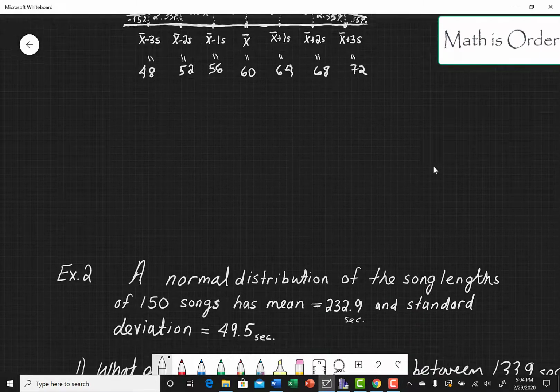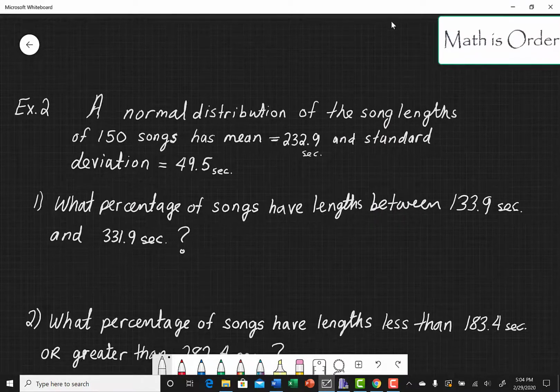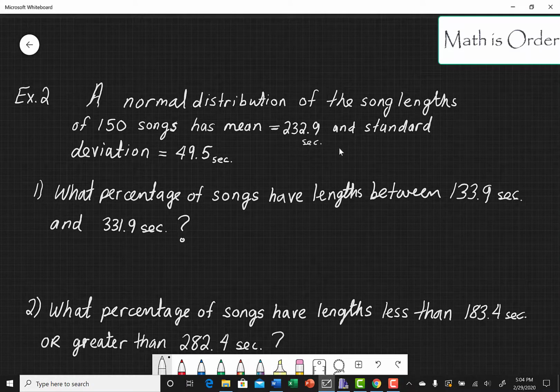This time they ask us, a normal distribution of the song lengths of 150 songs has mean 232.9 seconds and standard deviation 49.5 seconds.